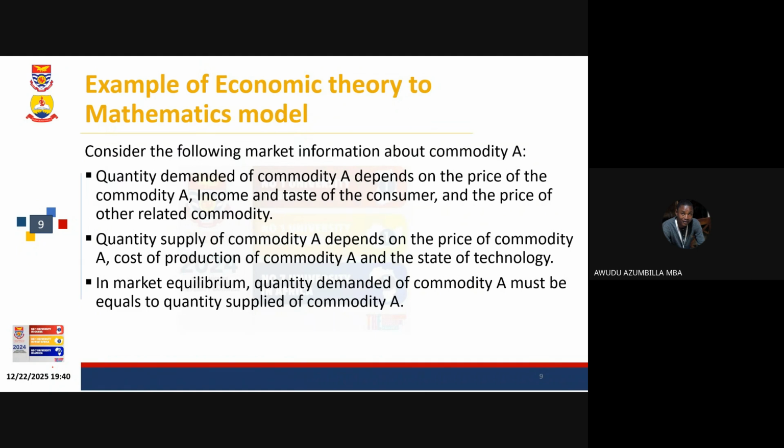When we talk about economic theory, it is simply a systematic set of ideas and principles that is used to explain how households, firms, government, and generally how economic agents behave, and how economic outcomes are generated. So basically, that is the meaning of economic theory.